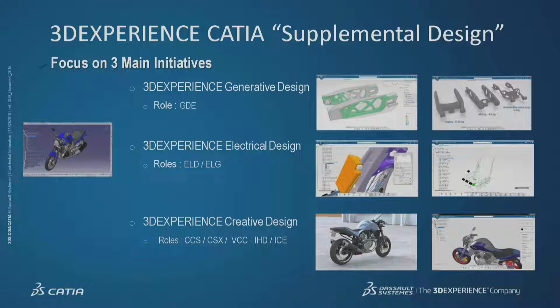And finally, on a number of levels, we'll look at the value in the creative design process, where, again, a CATIA V5 product can be extended to take advantage of visualization, of virtual reality, and other techniques in CATIA 3D Experience.